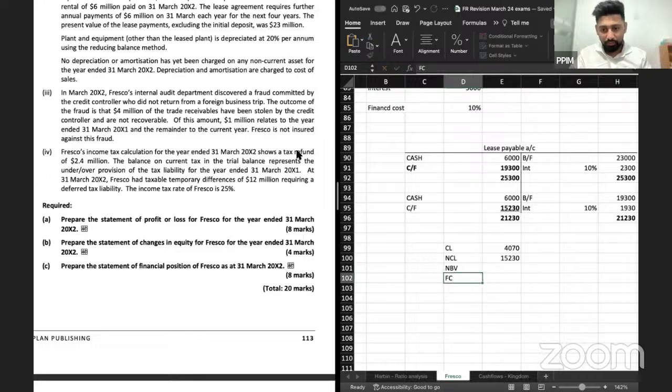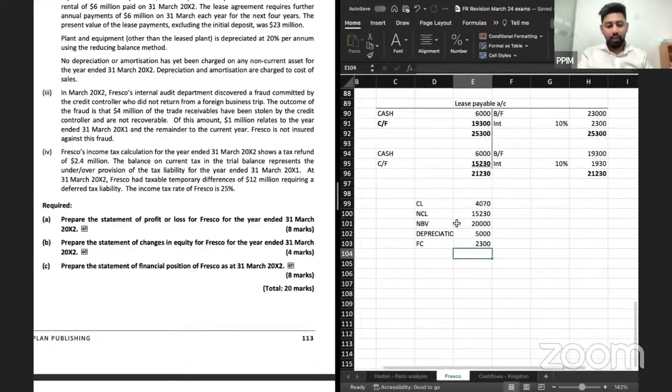My depreciation is going to be 25,000 over 5. So 1 year gone means my net book value will be 25,000 minus 5,000, which is 20,000. And my finance cost relevant will be in the current year, only 1 year gone, 2,300.